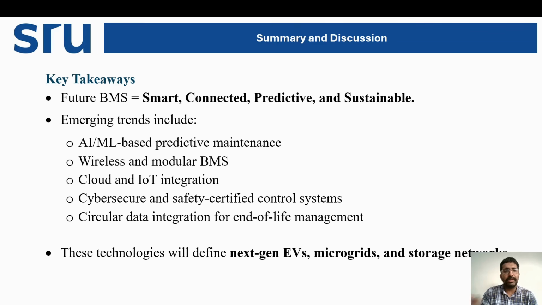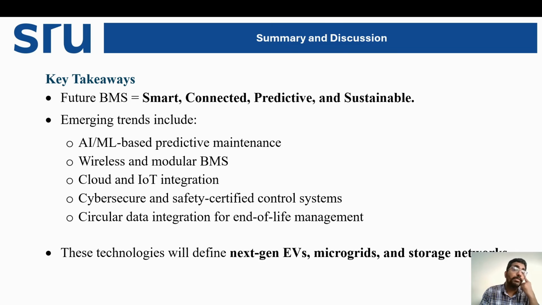So this is the last slide. Here we can see the key takeaways: future BMS are nothing but smart, connected, predictive and sustainable. Emerging trends include AI/ML based predictive maintenance, wireless and modular BMS, cloud and IoT integration, cyber secure and safety certified control systems, and circular data integration for end of life. AI/ML prediction, wireless and modular battery management systems we have seen, cloud and IoT integration we have just now seen.